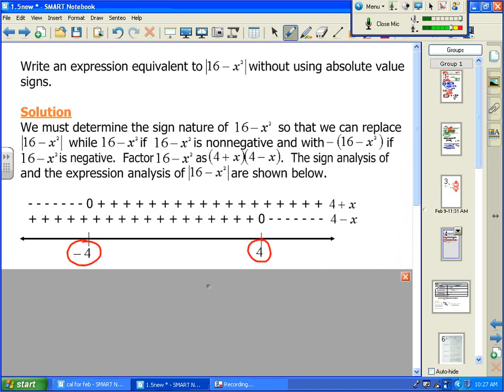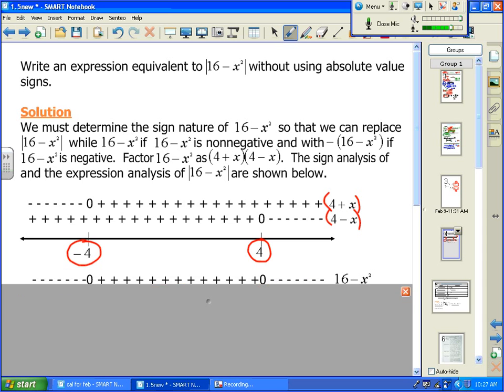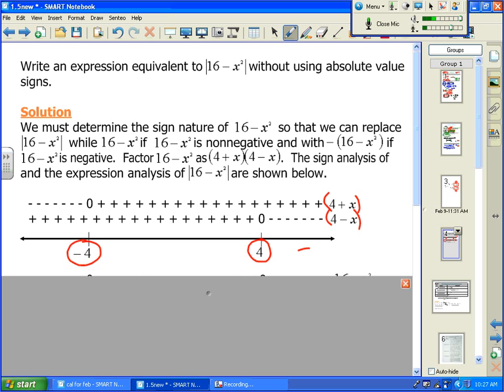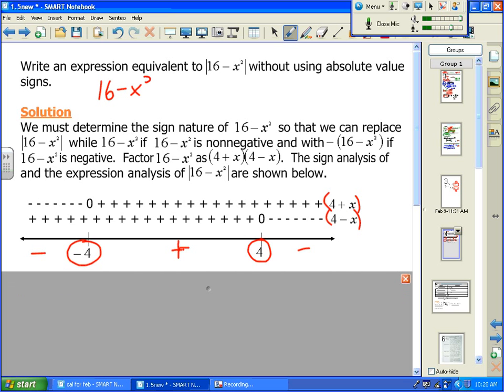I hope that's okay. And here's my sign analysis. I'm going to get a negative value in this section. I'm going to get a positive value in that section, region. And of course, a negative value in that one. Okay, good?